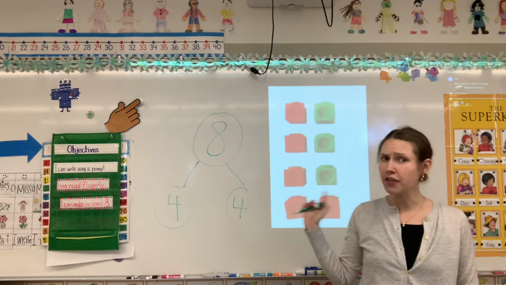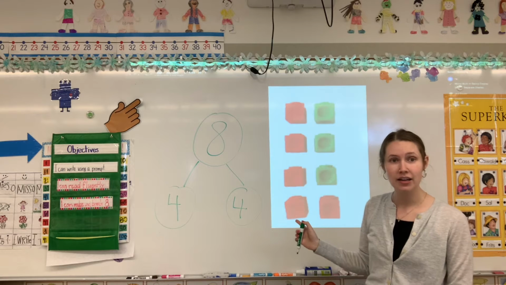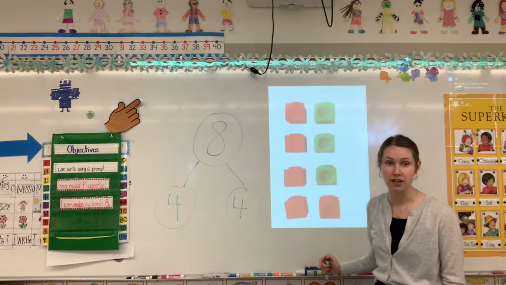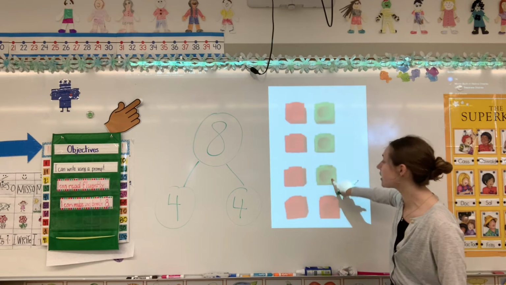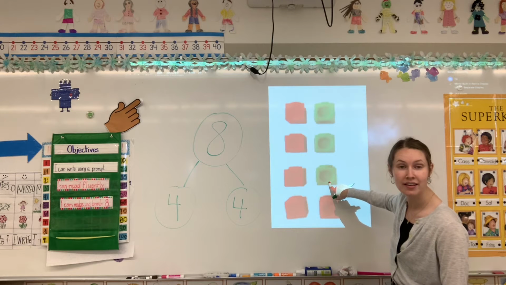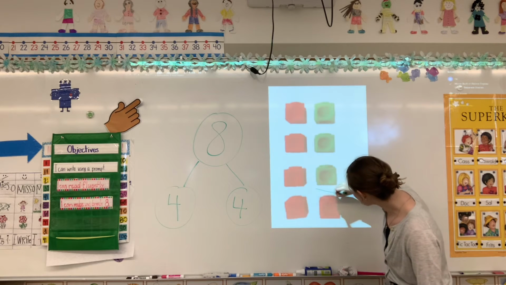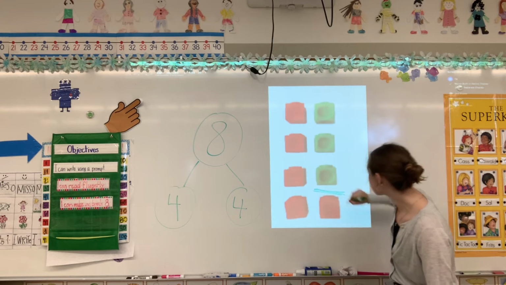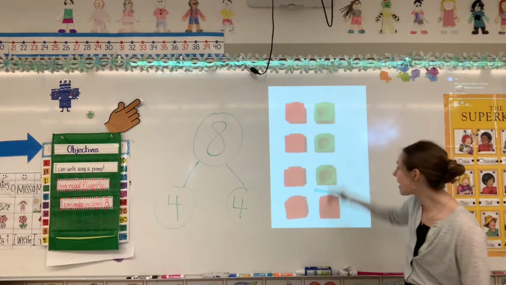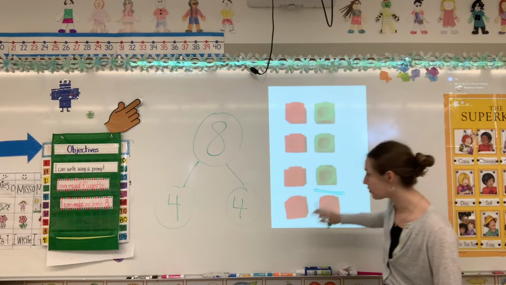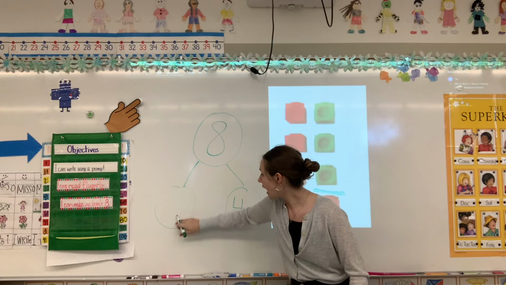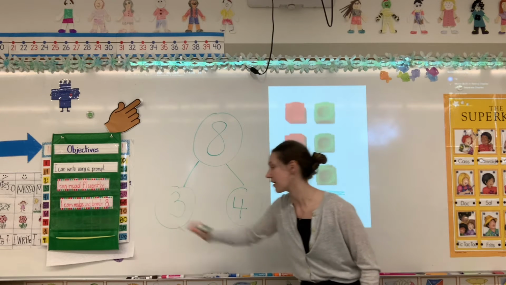Now there's another way that we're making 8 here. Let's look at our different colors. How many green cubes do I have? I have 3. If I draw a line here to separate my colors, I have 3 green cubes. So I can also have 3 as one of my hidden partners.